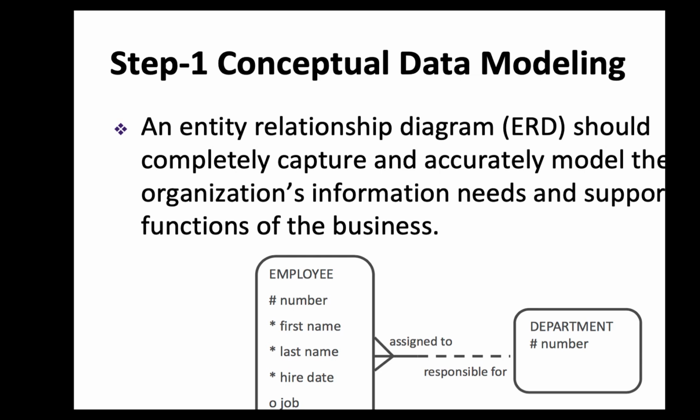But in this case, for the employee and department entities, we only have one UID each, number. For department, the attribute name is also number. So attribute names could be the same for different entities, no issue. Here employee has a number attribute and department also has an attribute named number. The same name is okay, because when we call from the database that I need the number attribute from the department table, there wouldn't be any confusion for the DBMS.